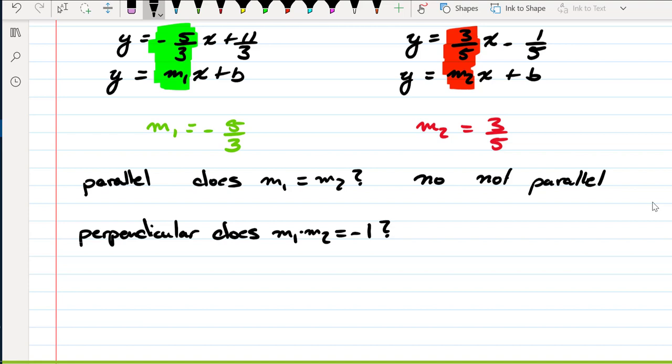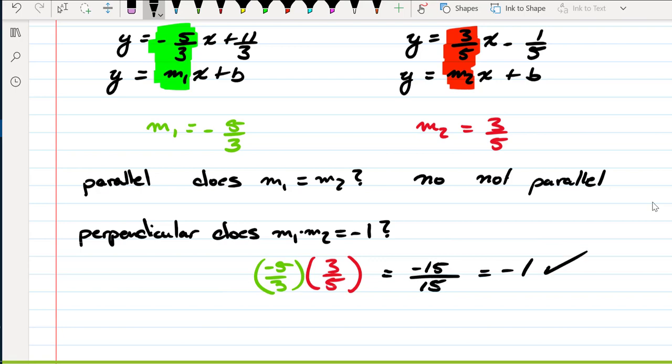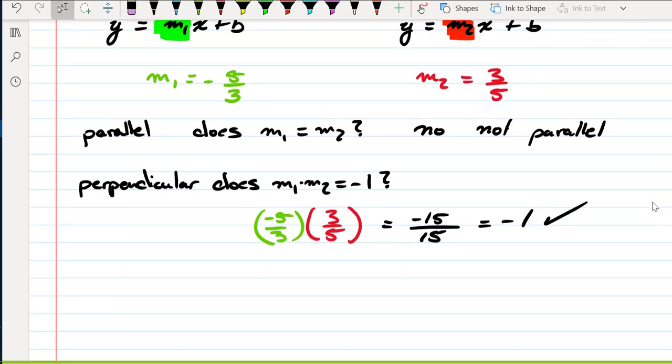We have negative 5 over 3 times 3 over 5, which gives us negative 15 over 15, which equals negative 1. Check. So, yes, then the lines are perpendicular.